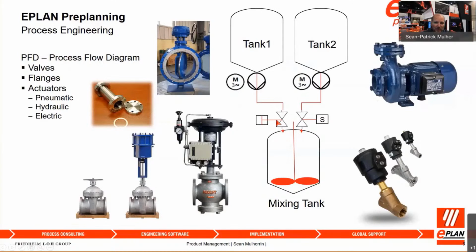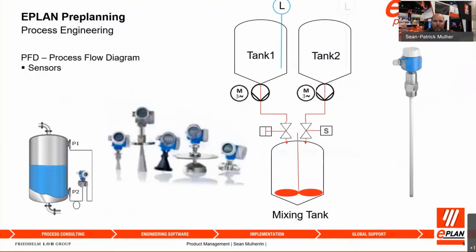Some of these valves are pneumatically actuated, where EPLAN Fluid comes in to control all of the airflow to those specific actuators. Pre-planning also allows you to capture all of your sensors, all of your temperature sensors, your pressure sensors, your level sensors, your flow sensors, all of the sensors that help you monitor and also control your process system.